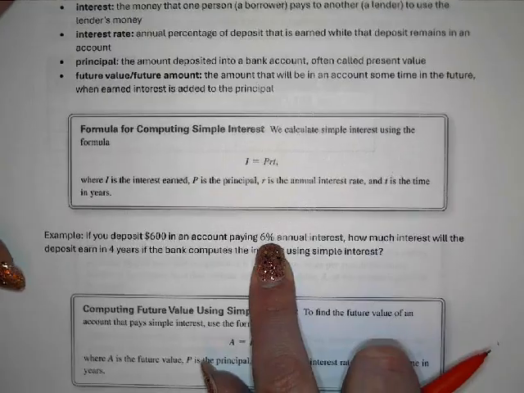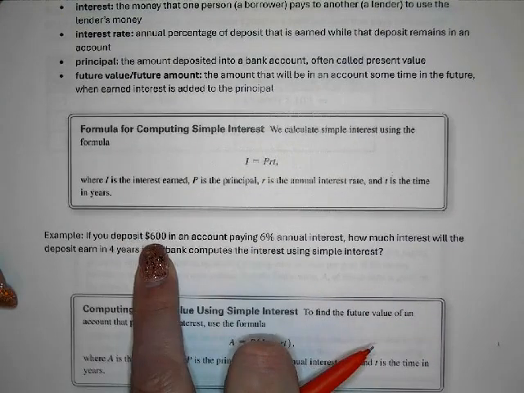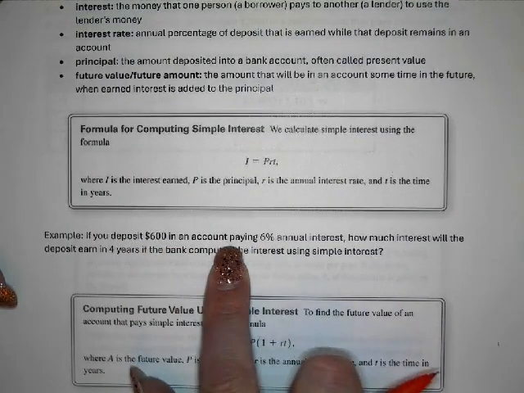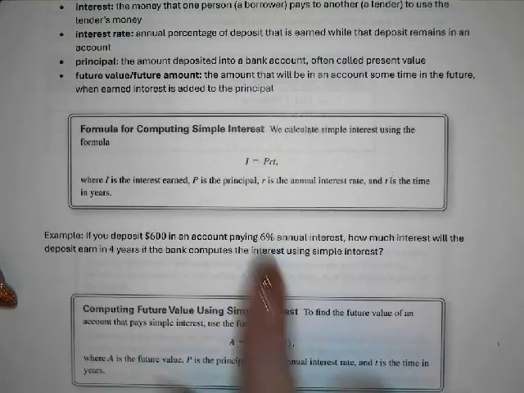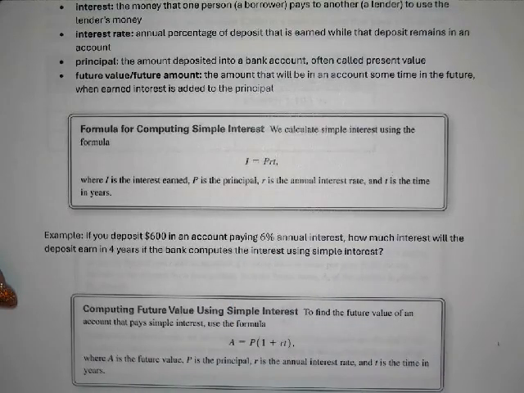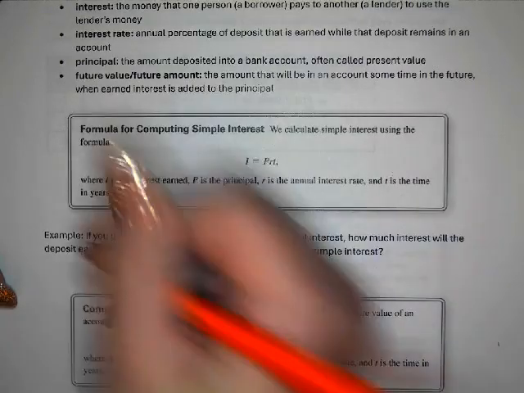All right, so let's look at this first example. It says if you deposit $600 into an account paying 6% annual interest, how much interest will the deposit earn in 4 years if the bank computes the interest using simple interest? So simple interest is our clue that we should be using this formula.